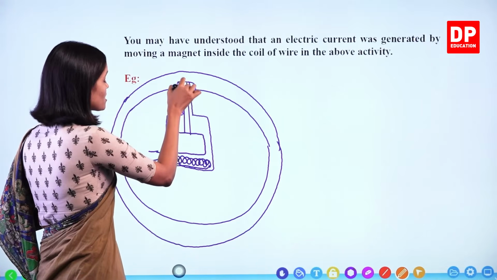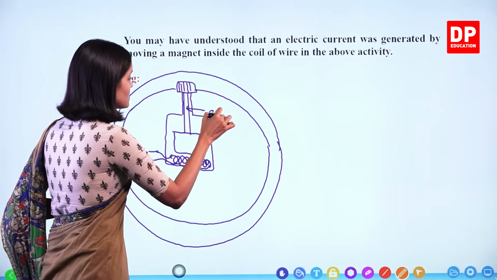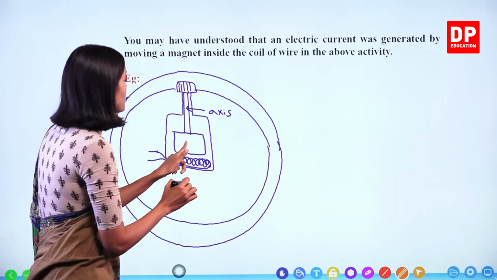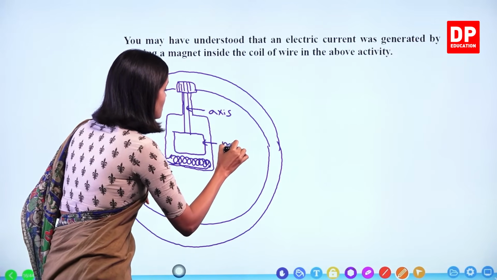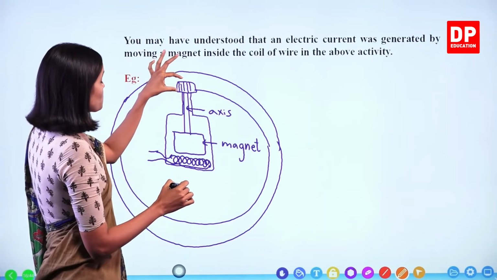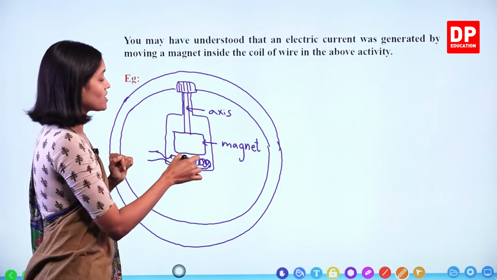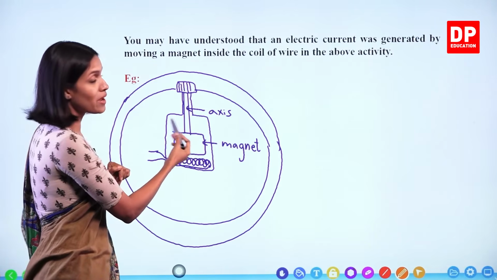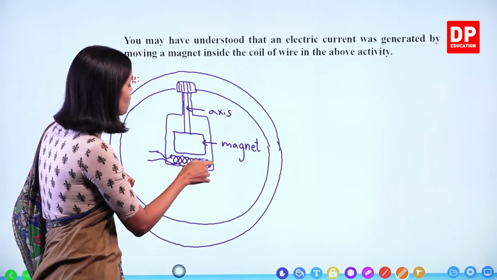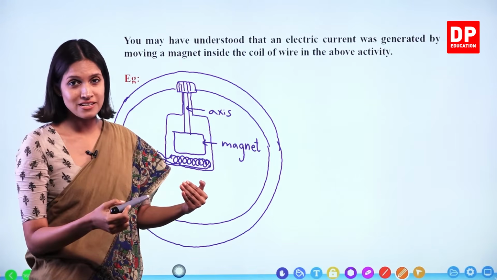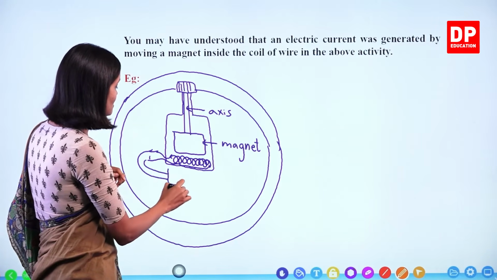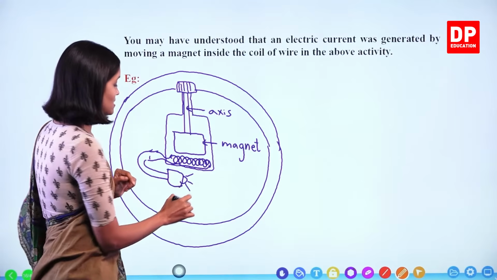This is called the axis. The cap-like structure and the magnet are connected through the axis. So when the top cap rotates, the axis rotates, making the magnet also rotate, which means a movement. When a magnet moves next to this coil of wire, electricity is generated. As it is connected to the lamp of the bicycle, the lamp can be illuminated.